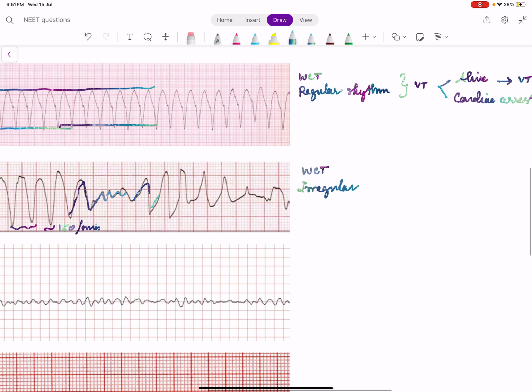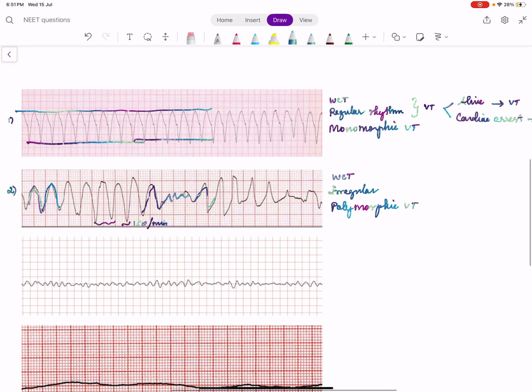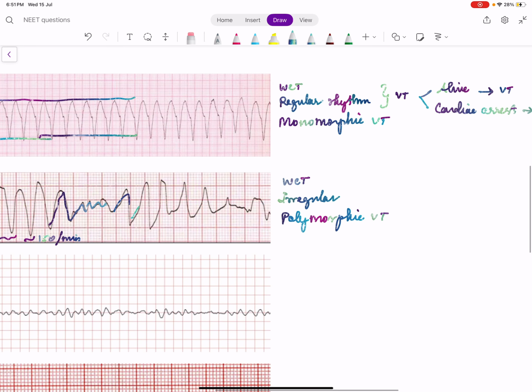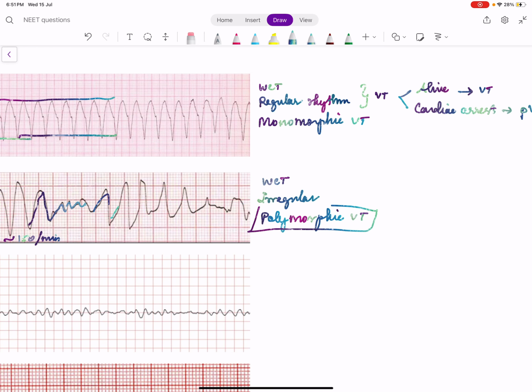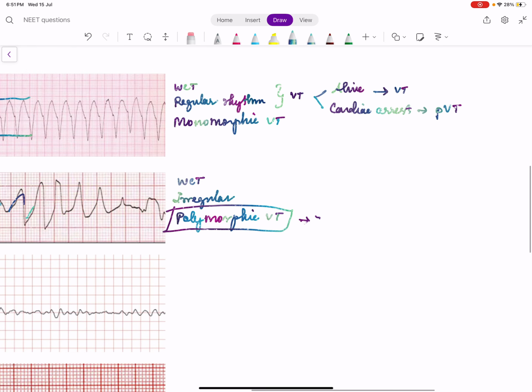So this is called polymorphic ventricular tachycardia, polymorphic VT. The first one we can call a monomorphic VT. Even if you don't remember monomorphic VT, try to remember polymorphic VT, very important, because polymorphic VT is also called torsades de pointes, TDP.